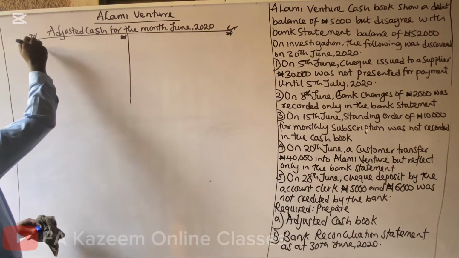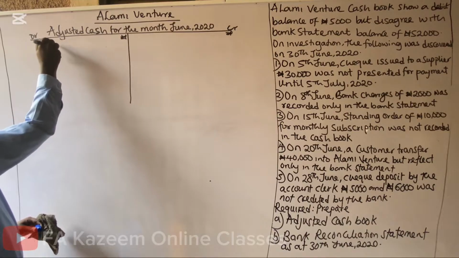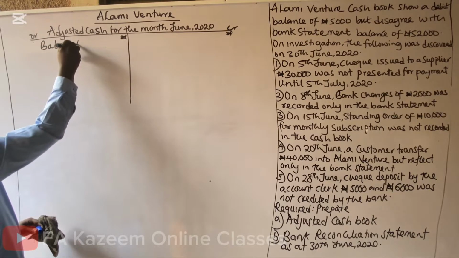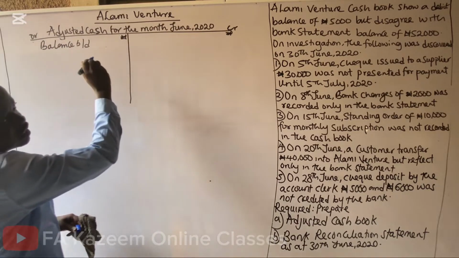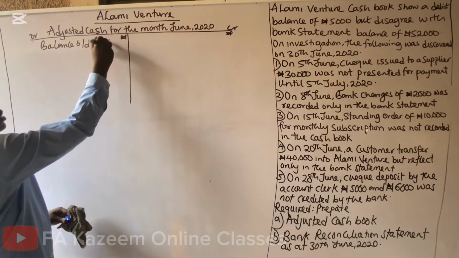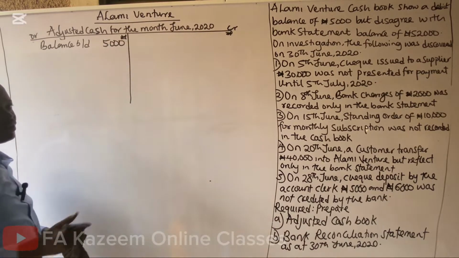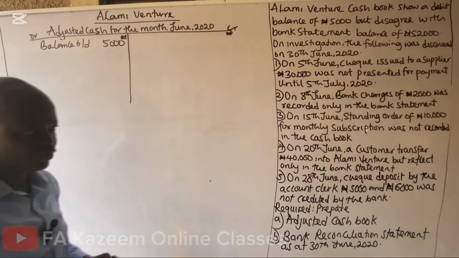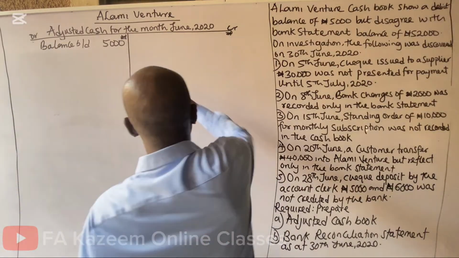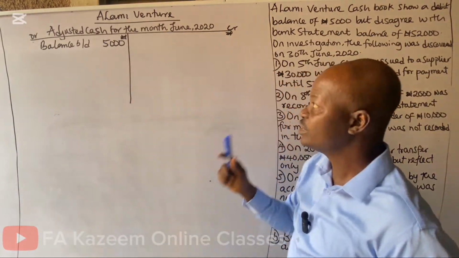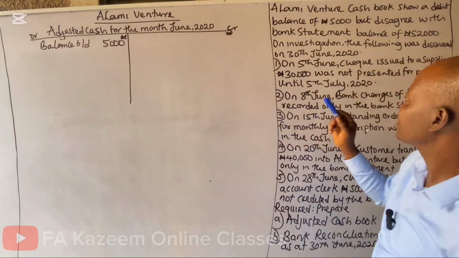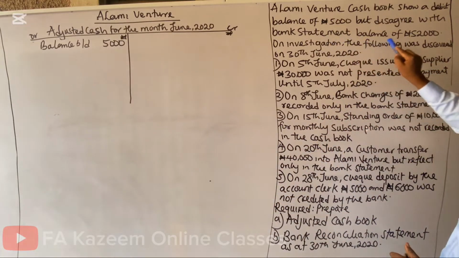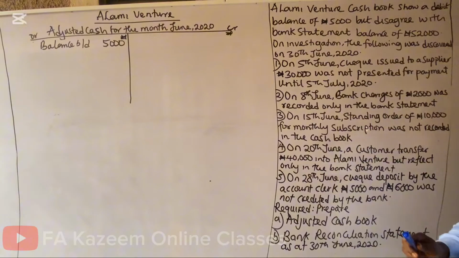A debit balance means in that June, the balance BD is on the debit side. How much? 5,000. But what they are telling us in this question is that the balance in the original cash book does not tally with the bank statement balance of 52,000.